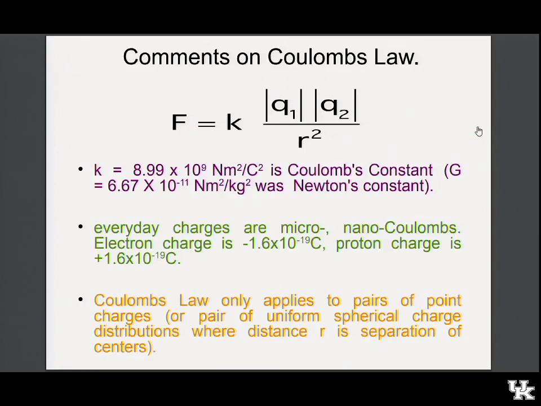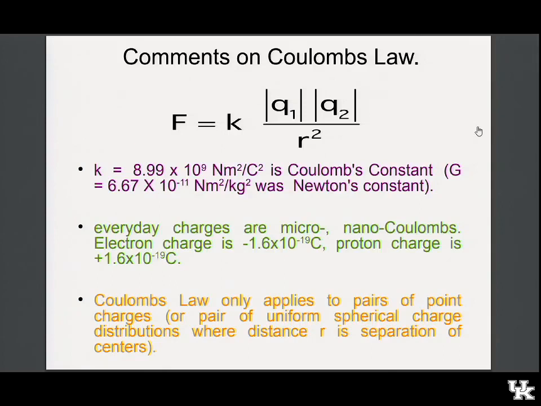Whatever force Q1 exerts on Q2, there's an equal and opposite force on Q1 due to Q2. So these forces are in pairs. Just to make some remarks about the law. This constant K, Coulomb constant, has a numerical value in SI units of 9 times 10 to the 9. So it's a very, very big number. And those units are newton meters squared over coulomb squared. If you compare it with the gravitational constant, the equivalent thing for gravity, that number was really, really tiny.